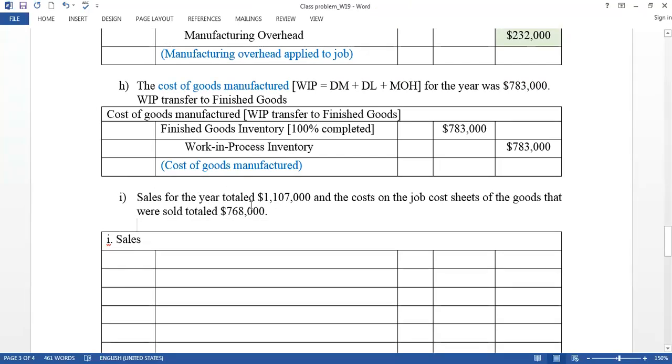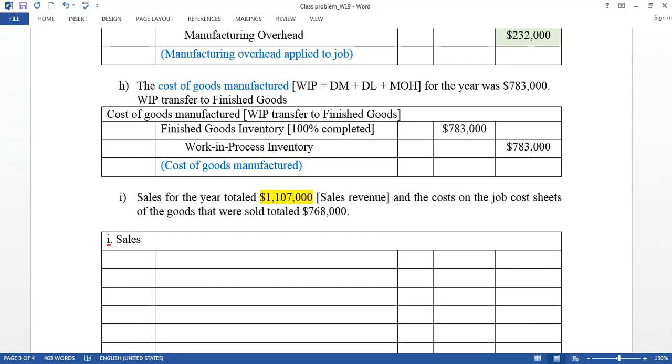So we are going to transfer finished goods to the sales department, and we have some information. The company sold a total of $1,107,000. So this is their sales revenue, because they say that they sold this amount, right? So the sales revenue is $1,107,000.